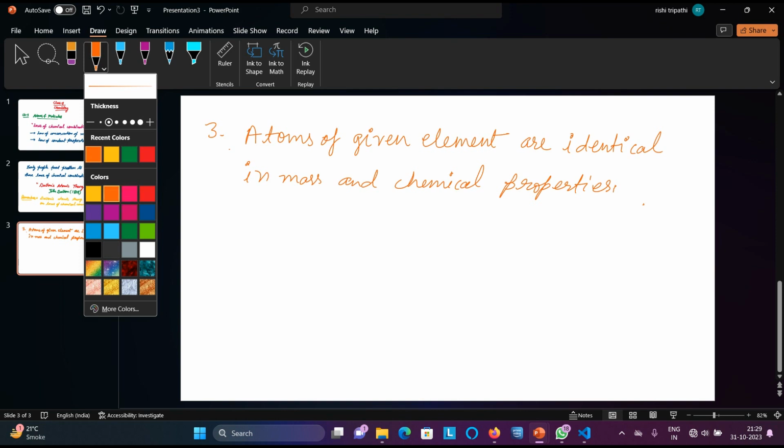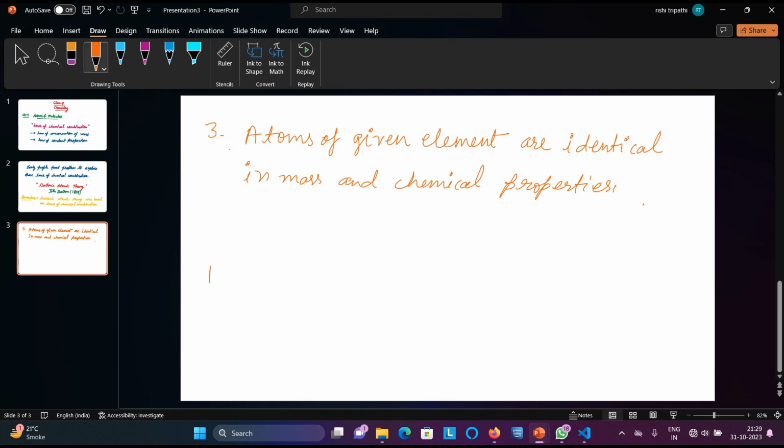And the fourth postulate will tell you that atoms of different elements have different masses and chemical properties.